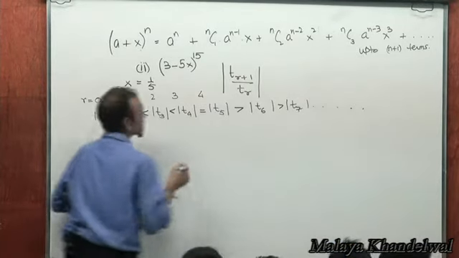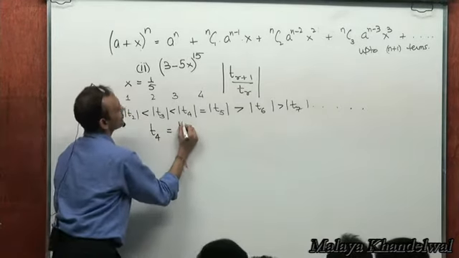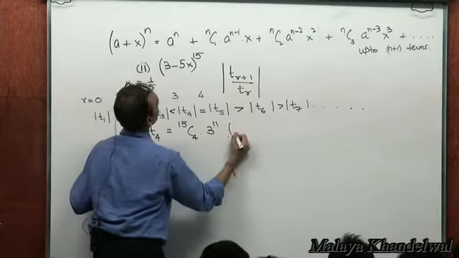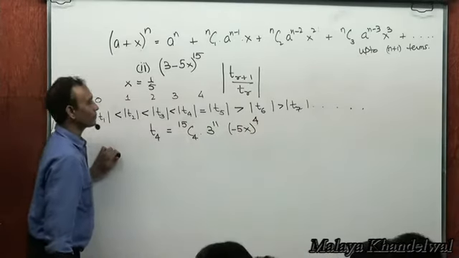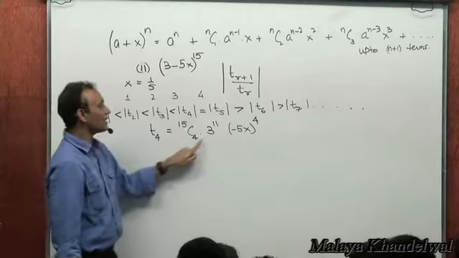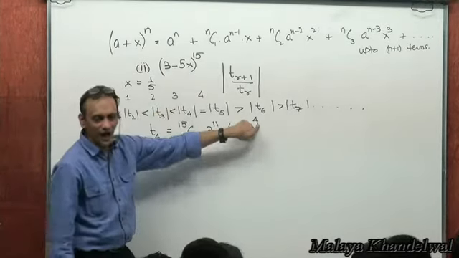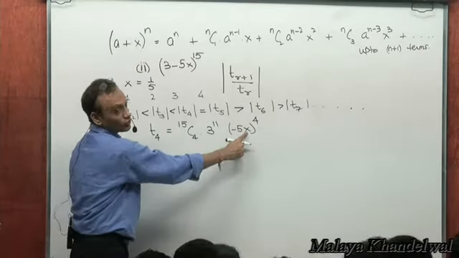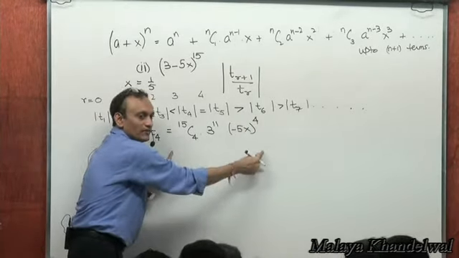So what's the fourth term, for example? Fourth term is 15C4, 3 to the power 11, minus 5x to the power 4. Yes, so nCr, a to the power n minus r, x is minus 5x here to the power r, right? And you can plug in x equal to 1 by 5 here and take the numerical value, the mod of that.